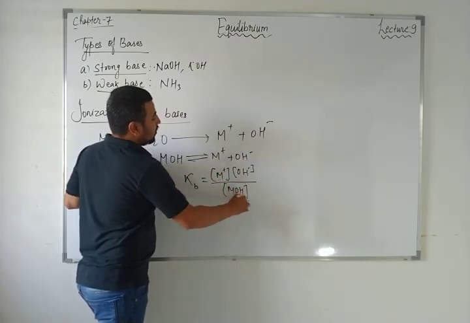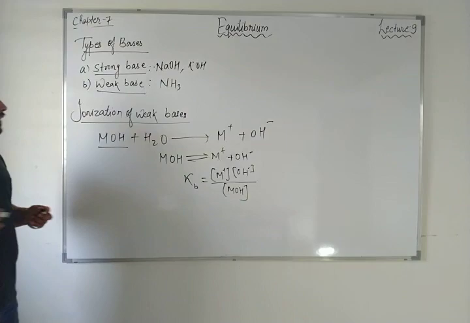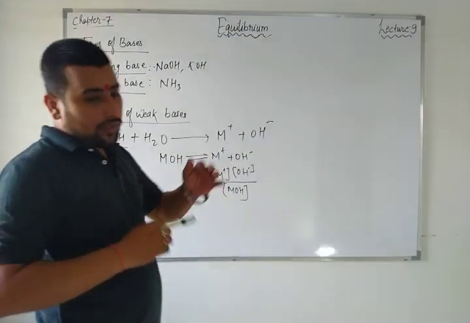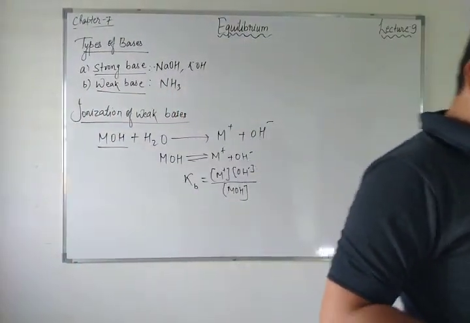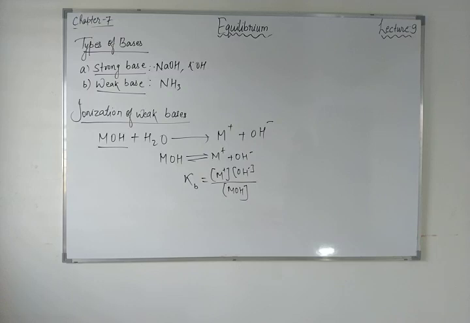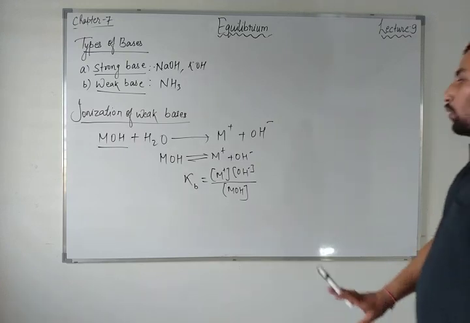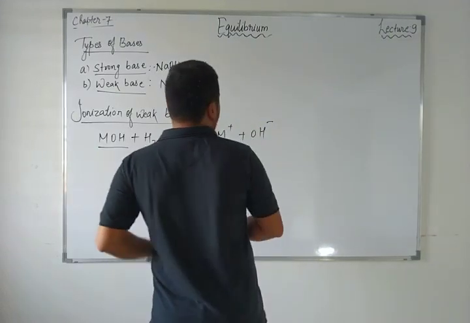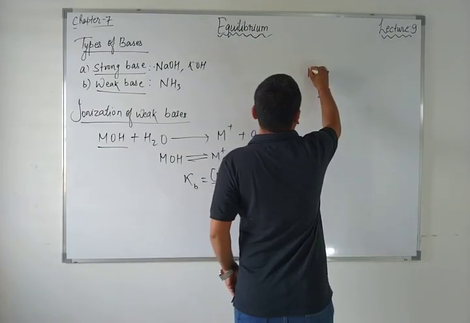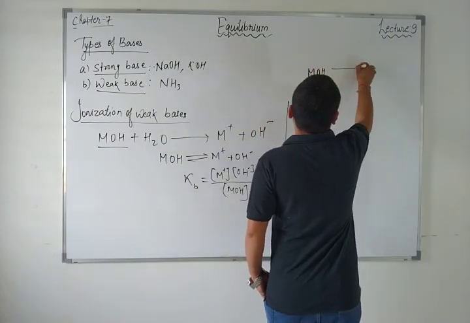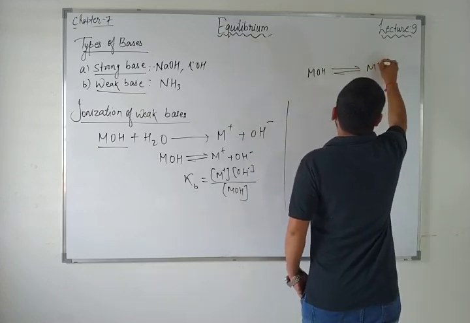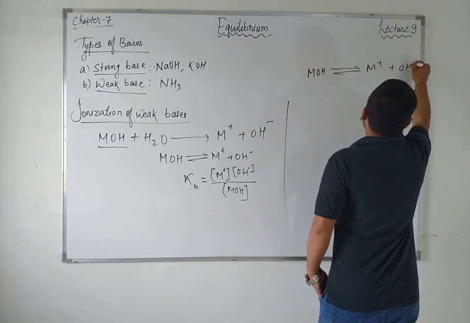Can we write it this way? The ionization constant of weak bases will similarly be C alpha square upon 1 minus alpha, as it was in the acid. Suppose MOH gives M plus and OH minus.